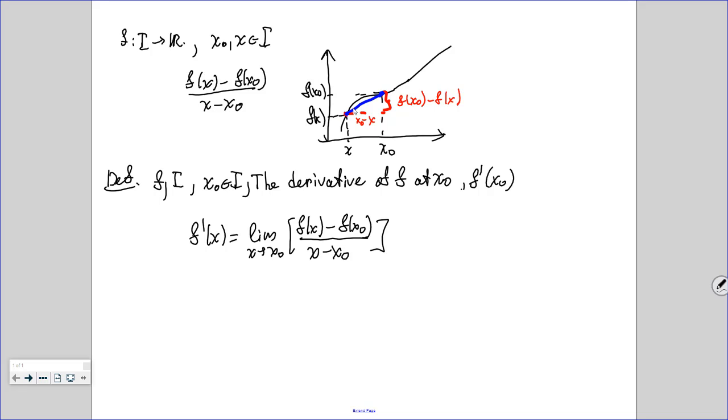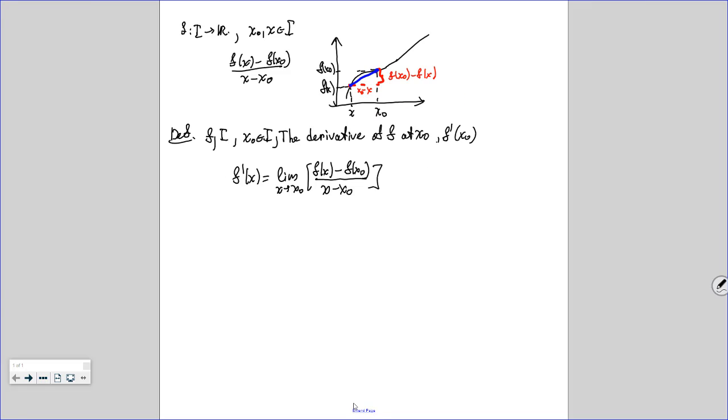If f is differentiable at all points x that belong to the interval, we say that f is differentiable on interval I.